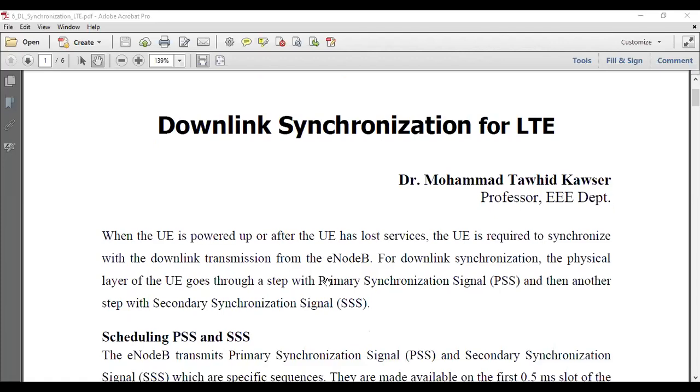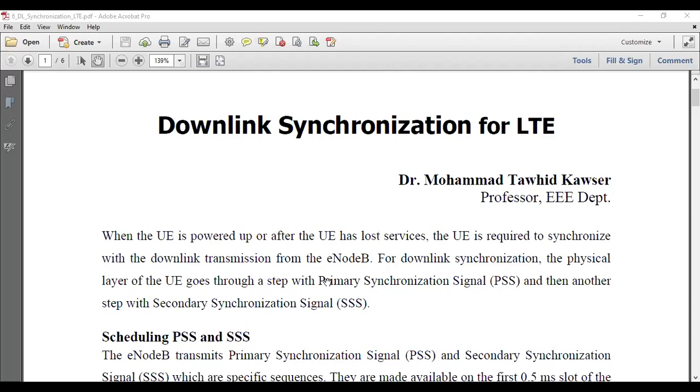Now, for downlink synchronization purposes, in LTE also there are two separate transmissions, but they are not called channels here. They are called signals, similar to the CDMA case.